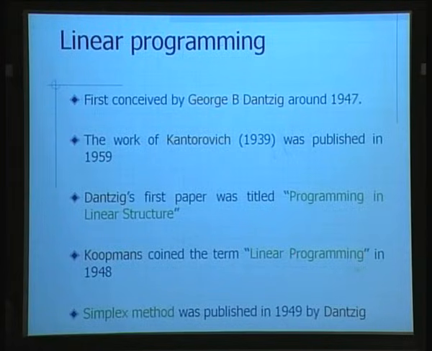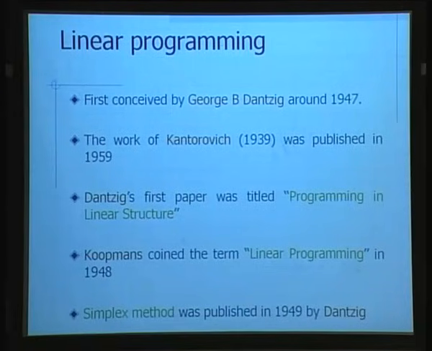Linear programming was first conceived by Dantzig around 1947, at the end of the Second World War. Historically, the work of a Russian mathematician took place in 1939, but since it was published in 1959, Dantzig is still credited with starting linear programming.